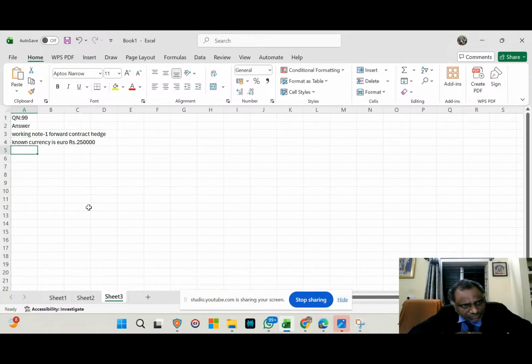Known currency is euro 250,000. Unknown currency.